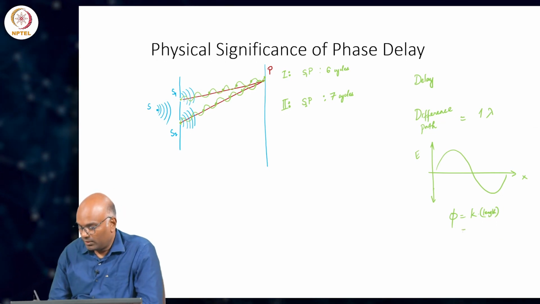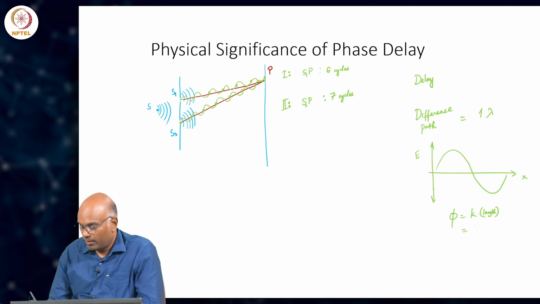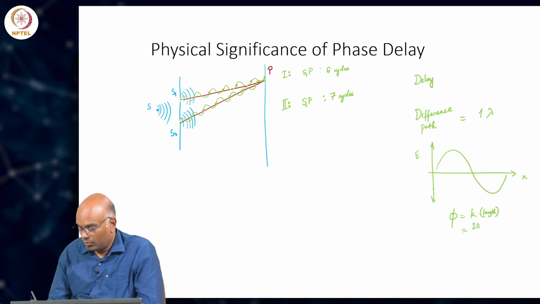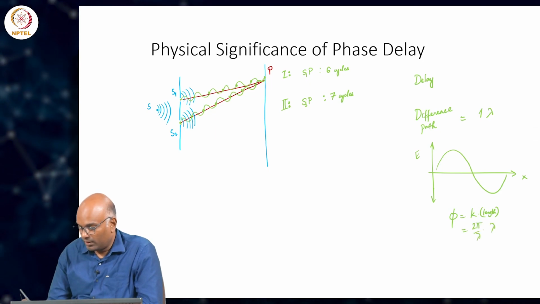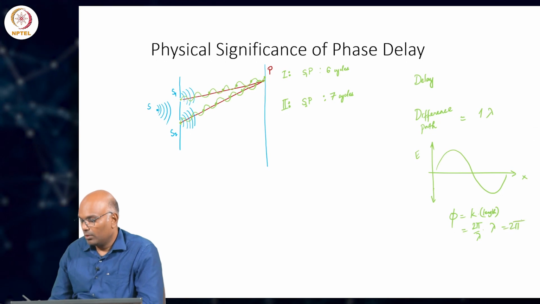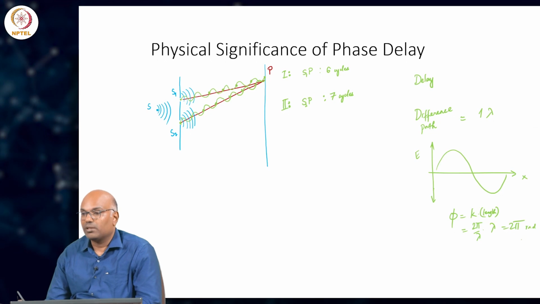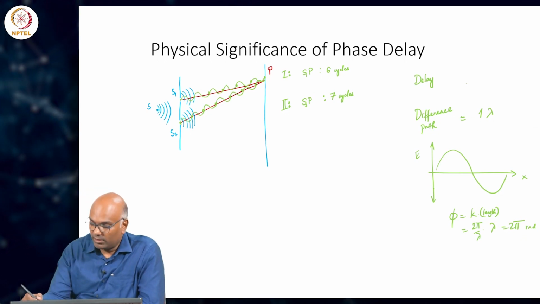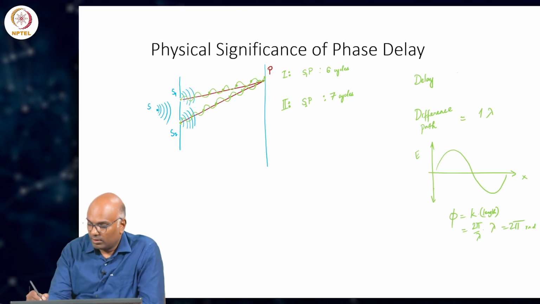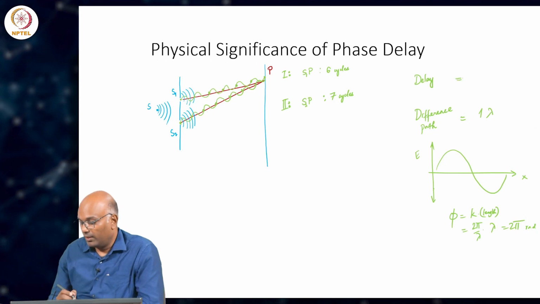So, if this is lambda, then k is 2 pi over lambda, and if this length is lambda, this corresponds to 2 pi radians in phase.